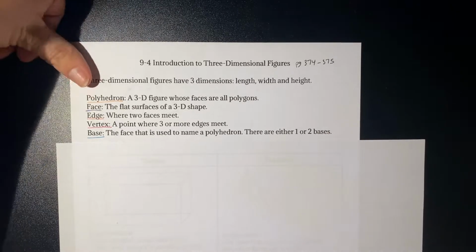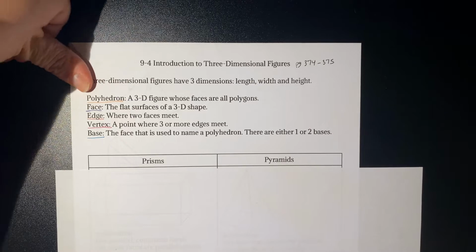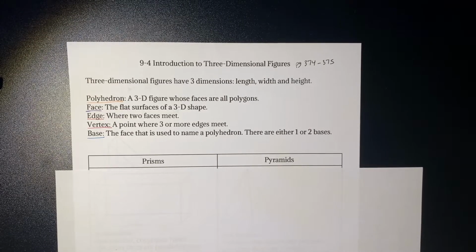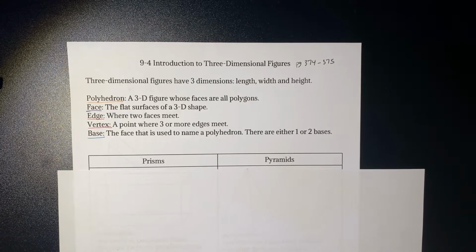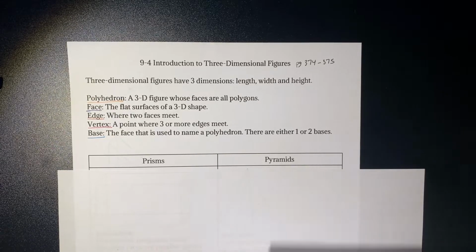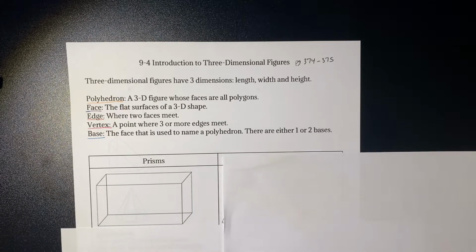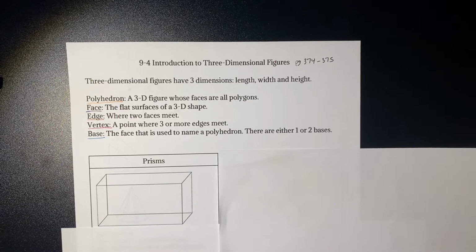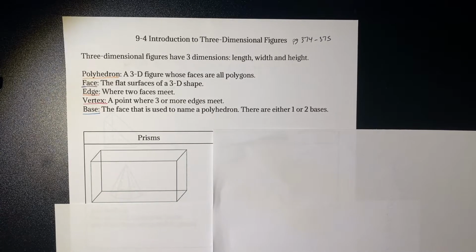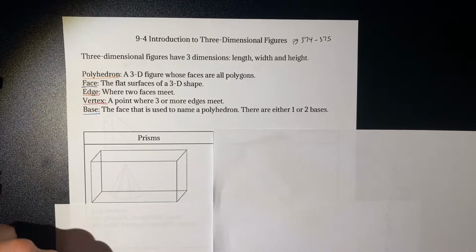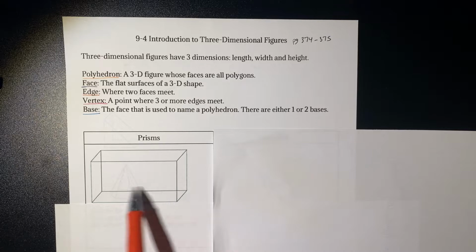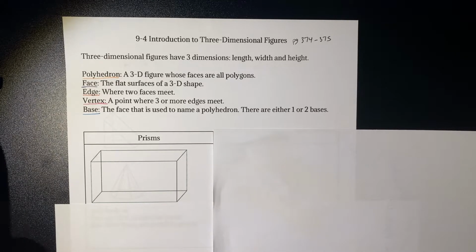All right. So we're going to talk about 2 different things: prisms and pyramids. The first thing we're going to talk about is a prism. This right here is called a rectangular prism because our base is a rectangle.